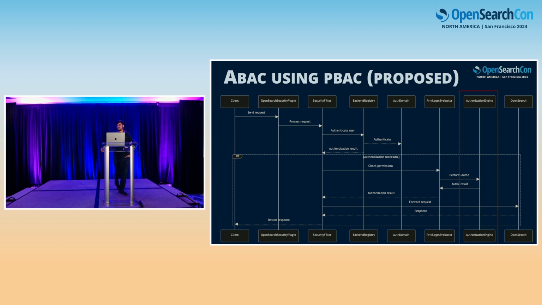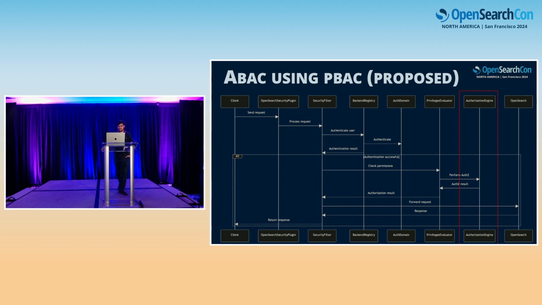This authorization implementation can be local or remote, depending on your use case. Or it could also be something very similar to the PEP, PDP architecture that we just briefly discussed, right? The entire request flow stays the same for the client or the end user. They don't even know that there's something new trying to allow or deny access to them.